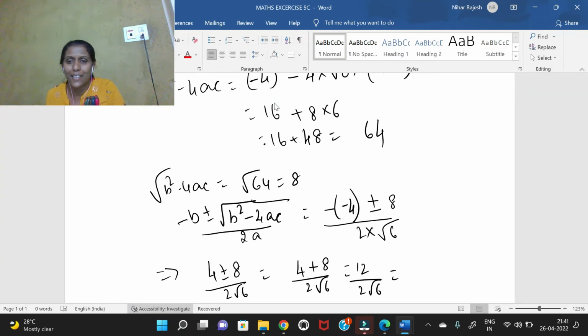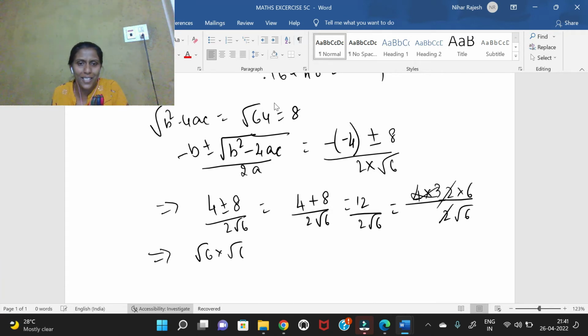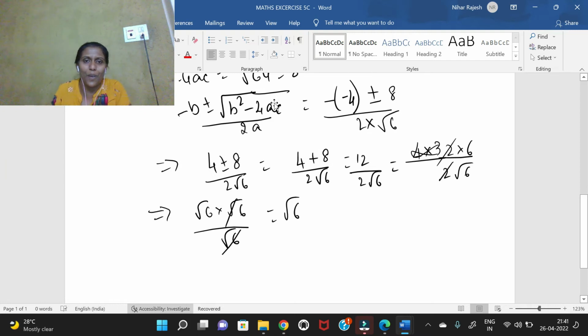Can I say it as 4 into 3 by 2 into 6 by 2 root 6. 2 2s are cancelled. Also, another thing, if you note down, what is 6? It is nothing but root 6 into root 6 is 6. Yes, I can definitely say that. Divided by root 6. So, the answer is root 6. So, x is equal to root 6 is one answer.